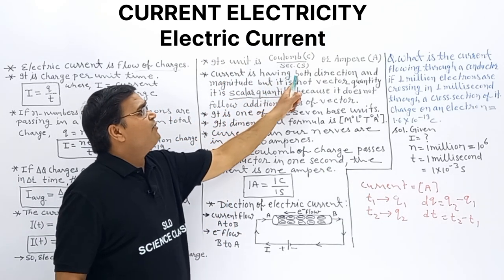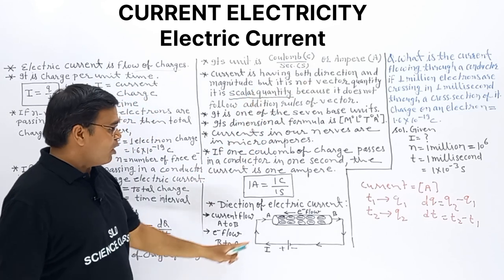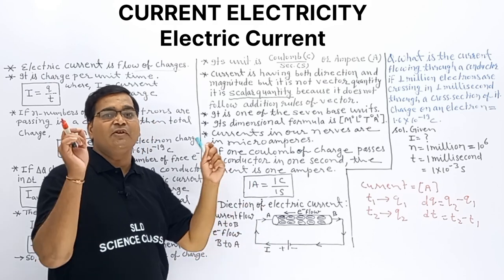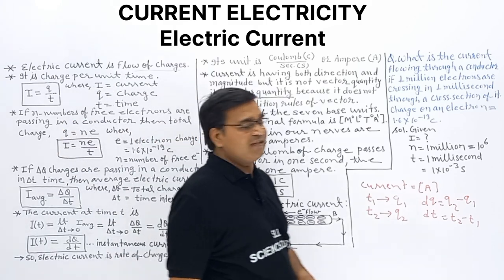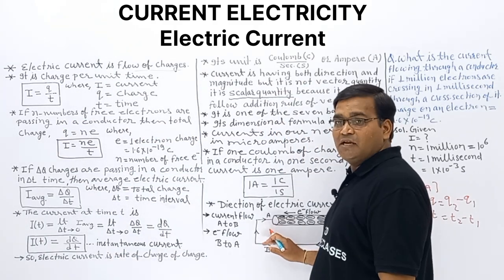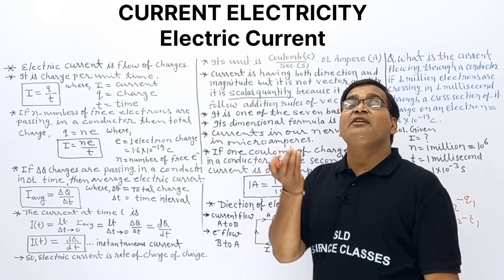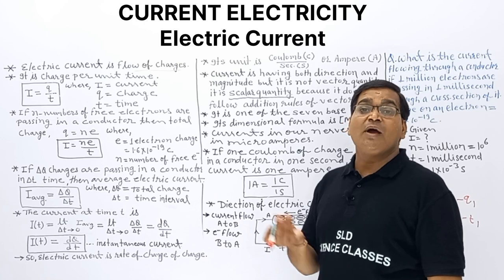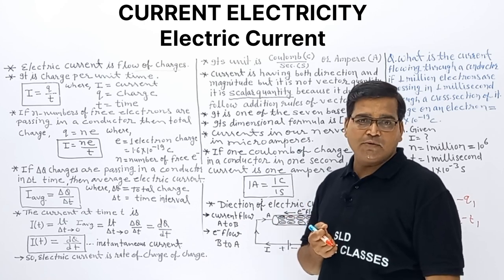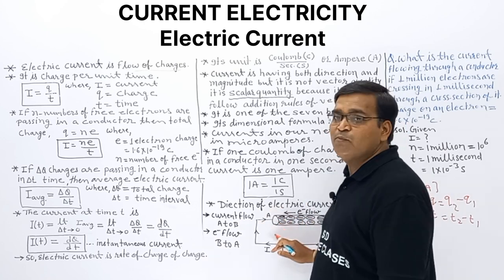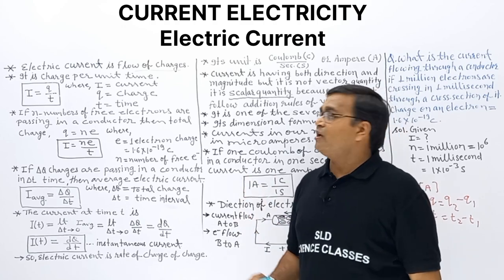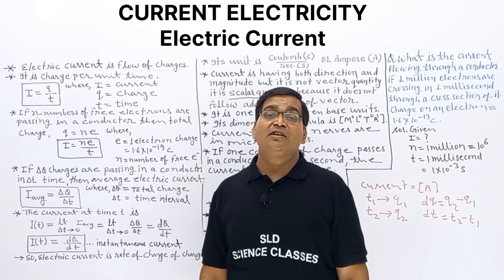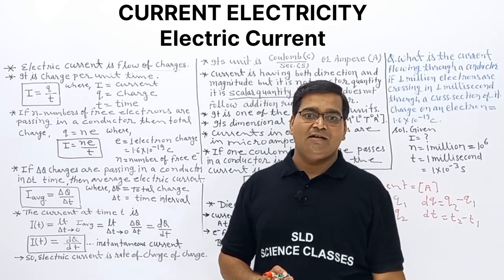Some things are remaining. Current has both direction and magnitude. Observe this diagram. Current flows from the positive terminal to the negative terminal. It has a fixed direction, and it also has magnitude, a measurement, like 5 newton, 10 newton, 12 newton. So current has both magnitude and direction. And if any quantity has magnitude and direction, then that quantity is a vector quantity. Clear?